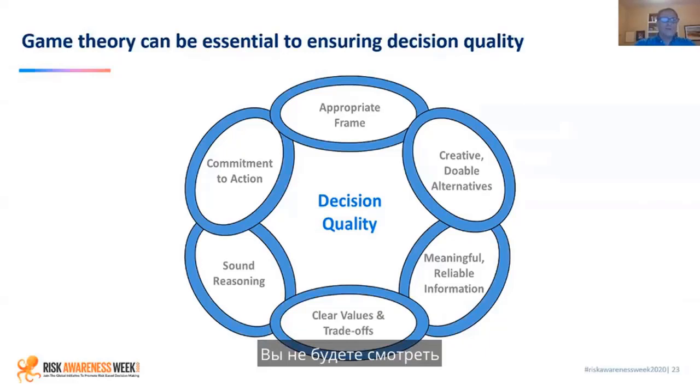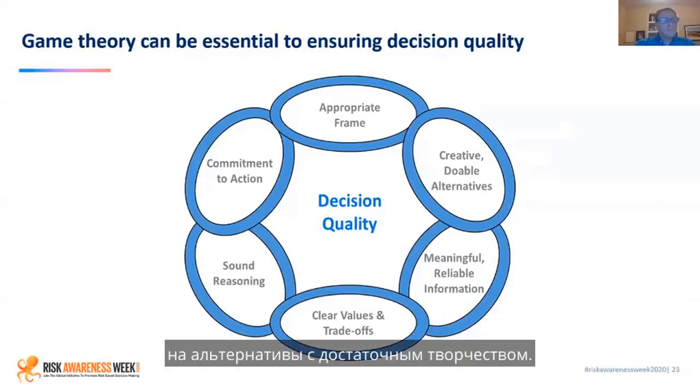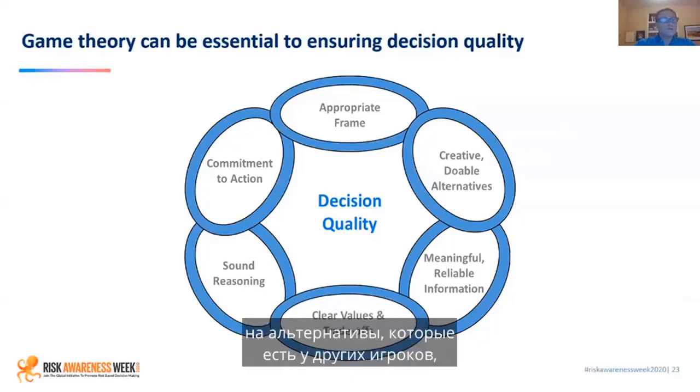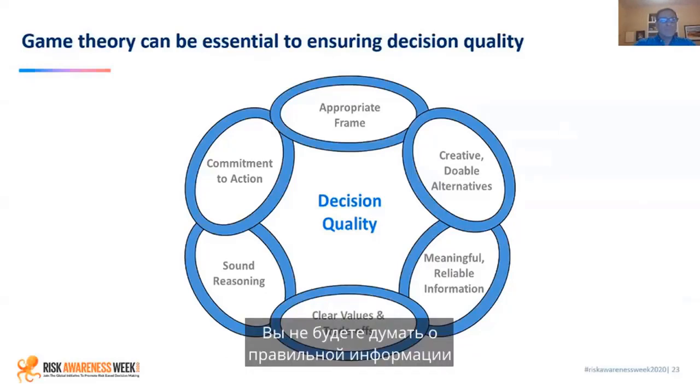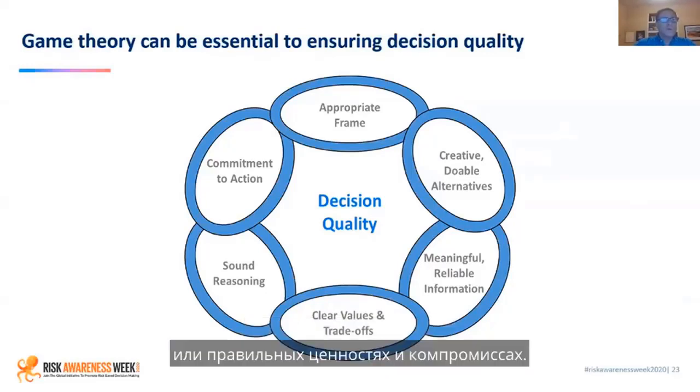You're not going to be looking at the alternatives with enough creativity. You're not going to be looking at the alternatives that the other players have, which can be very important. You're not going to be thinking about the right information or the right values and trade-offs. The logic, the sound reasoning will not be there because you're not thinking through the chess game, as it were.